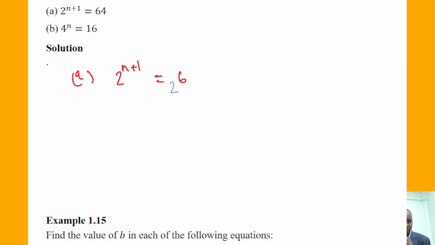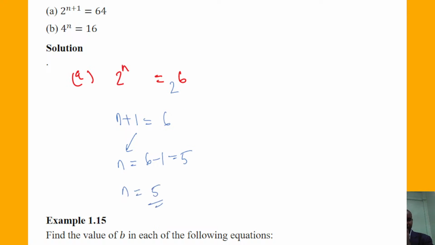Let us come to the screen so that you see how we compare. So when you compare exponents, n plus 1 equals 6. And eventually n will be 6 minus 1, which equals 5. So the value of n will be 5, dear students.